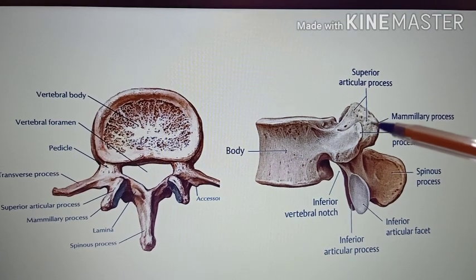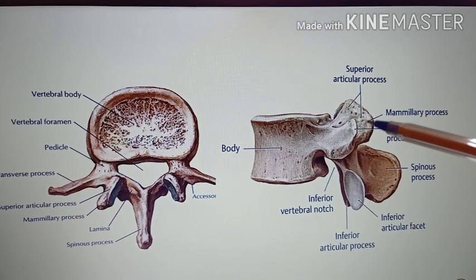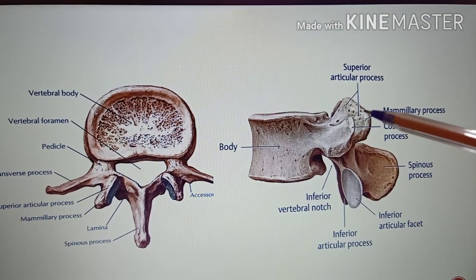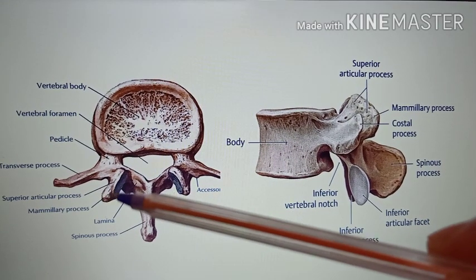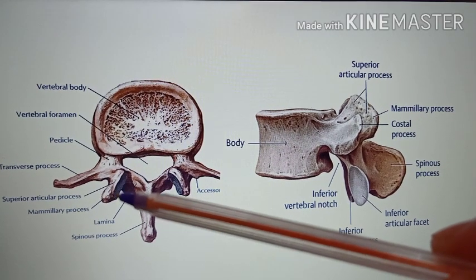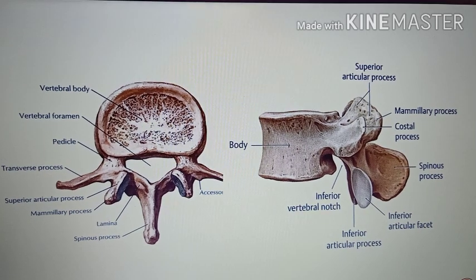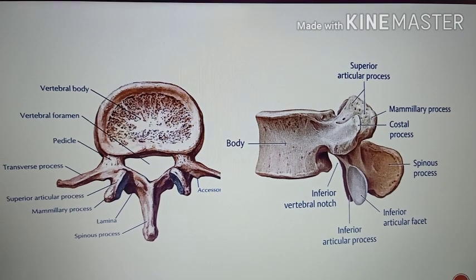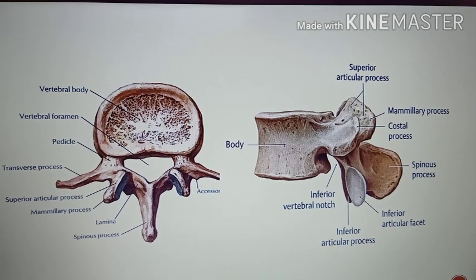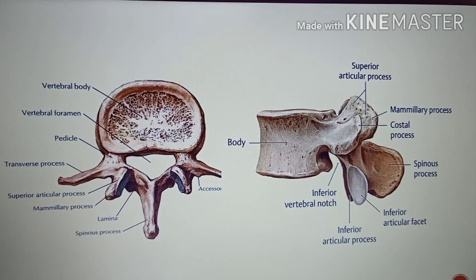This roughened elevation arising from the superior articular process is called the mammillary process, and it provides attachment to the medial intertransverse muscles and deep muscles of the back.